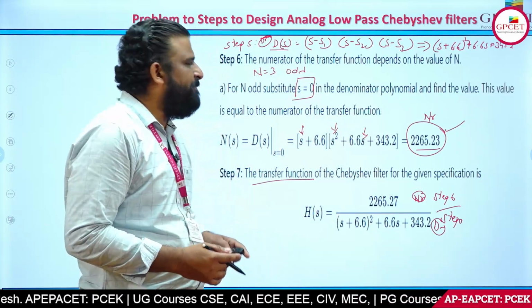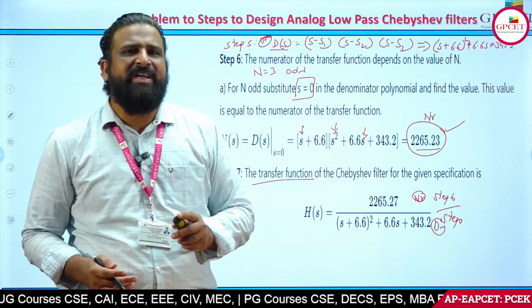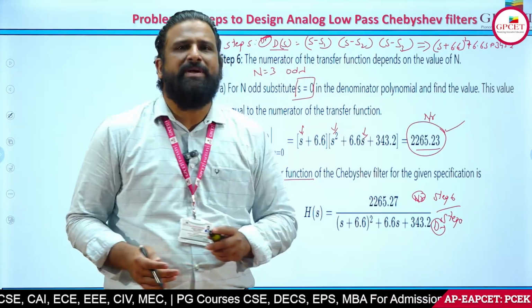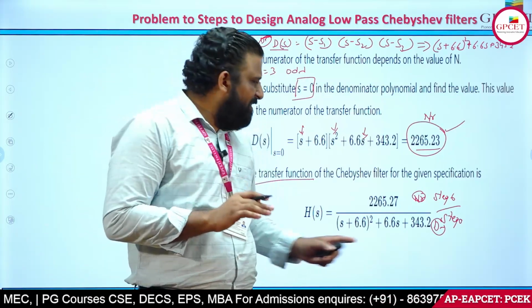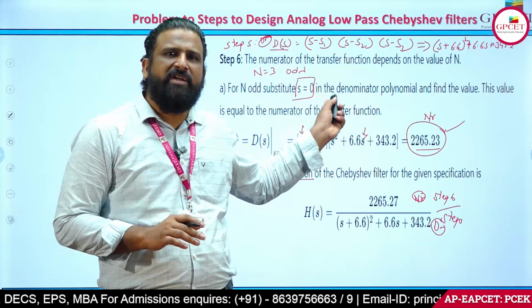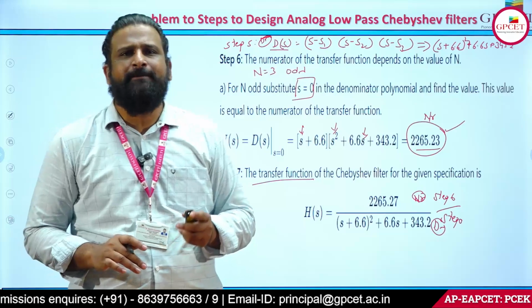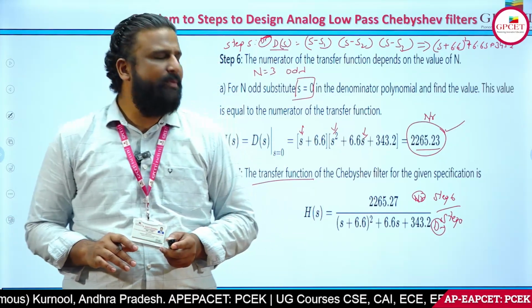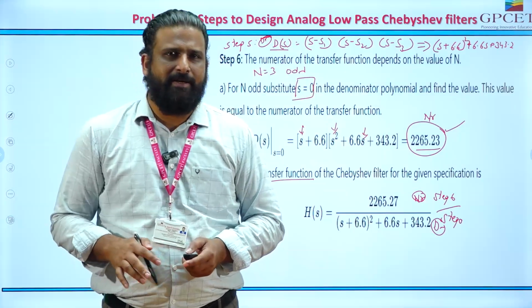For this, in the upcoming classes, we will study the impulse invariant method and the bilinear transformation method. These 2 techniques are helpful to convert the transfer function formed by the Chebyshev and Butterworth filter into the digital filter, and they will be discussed in the upcoming classes.